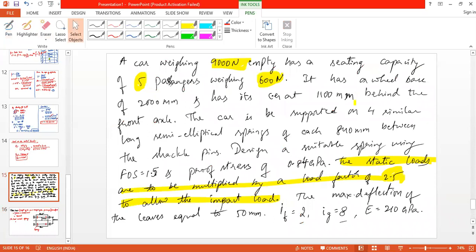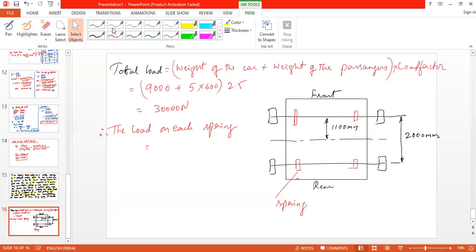It is given that the car is to be supported on 4 similar semi-elliptical springs of 840 mm length between the shackle pins. So the load on each spring is 30,000 divided by 4, 7.5 kilonewton.